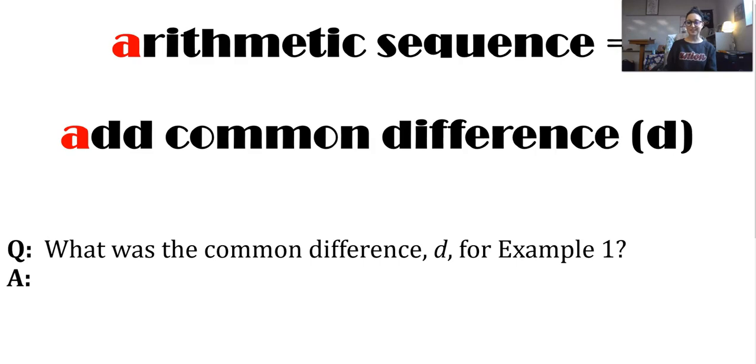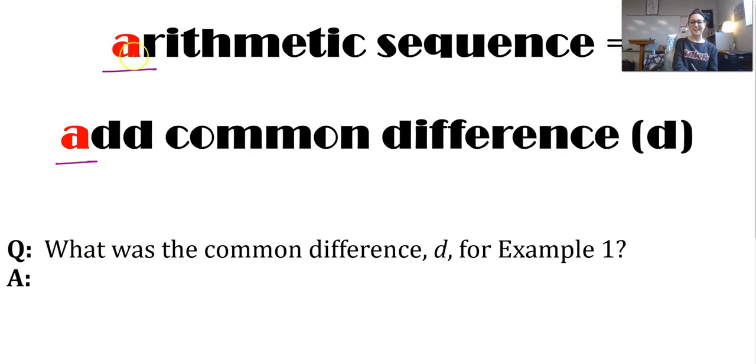So that's going to be our goal today, to work with 2 specific kinds of sequences and see if we can get pretty comfortable writing their general formulas. So the first kind of sequence we're going to look at is called arithmetic. And arithmetic is when you add the same value each time to the previous term to get your next term, which you can think of as subtracting as well, because you can always add a negative, okay?